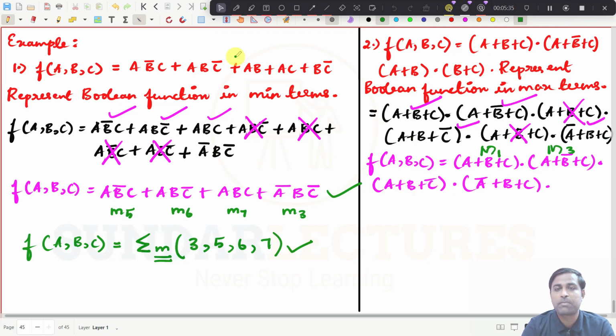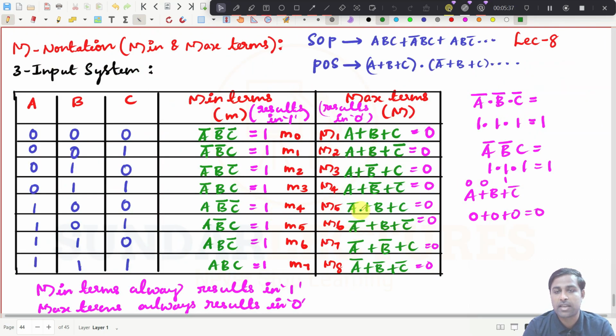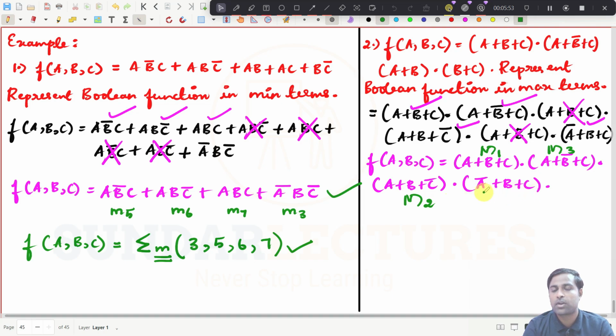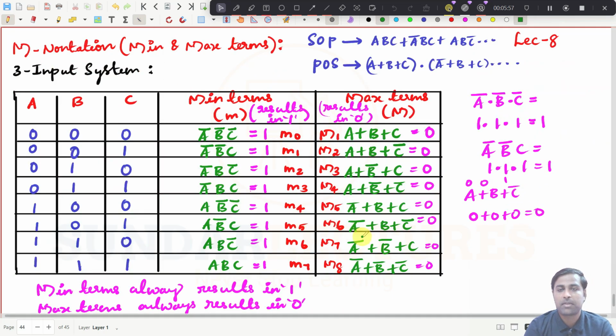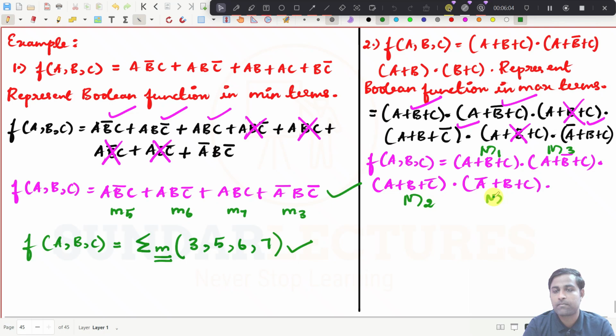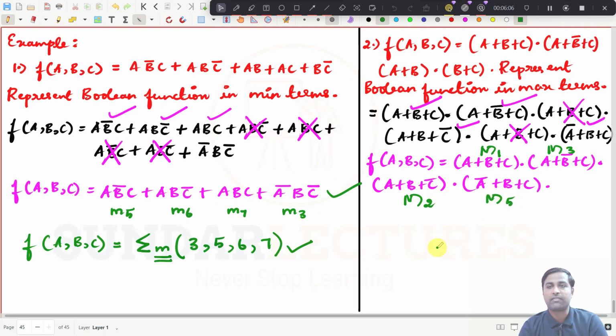And a plus b plus c bar, see here, what is that? M2. So this will be M2. And what is this one? This is a bar plus b plus c, a bar is here plus b plus c is here. What is this term? This is M5. This will be M5, right?